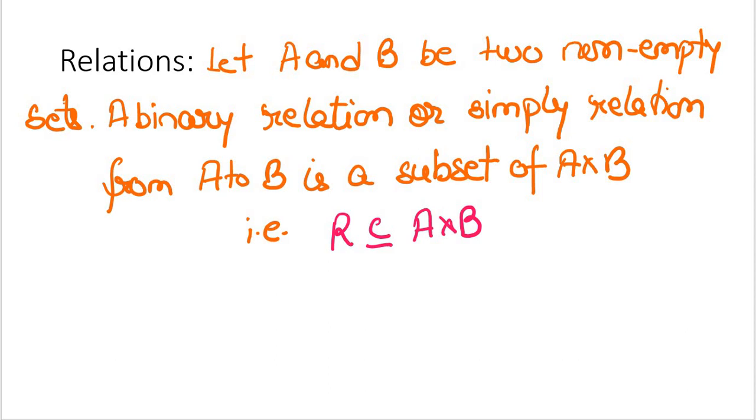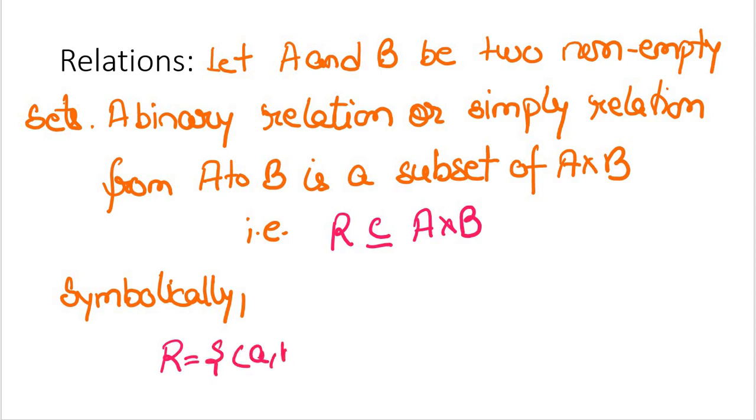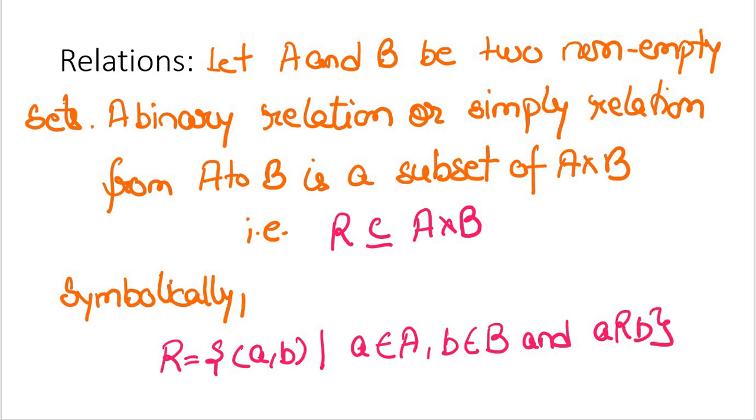And symbolically, I can write this relation R as the ordered pair (a, b), where a is an element of set A, small b is an element of set B, and there is a relation in the form of a R b.